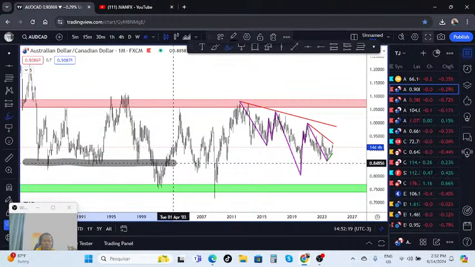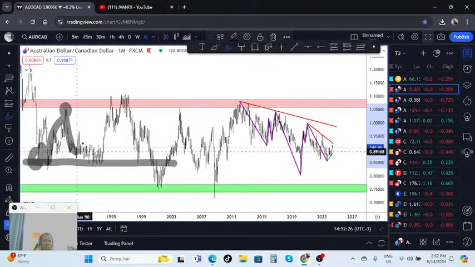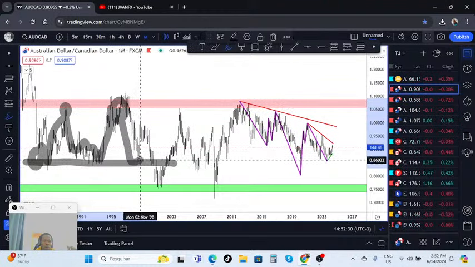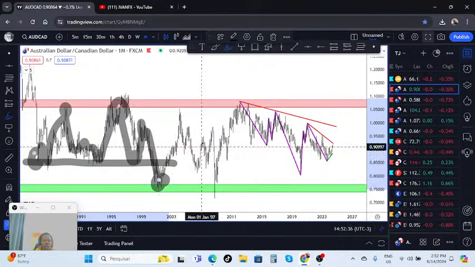The price came down to this level, went up, came down to resistance, and went up again right here. It could not get to the upper side, and bounced to the downside to form a new level of support on the monthly time frame.